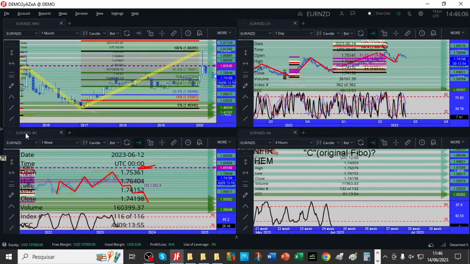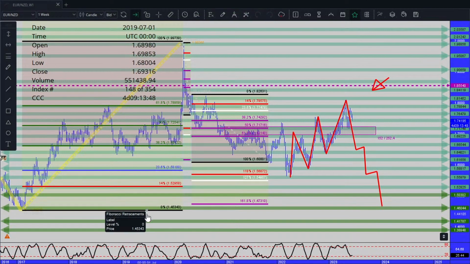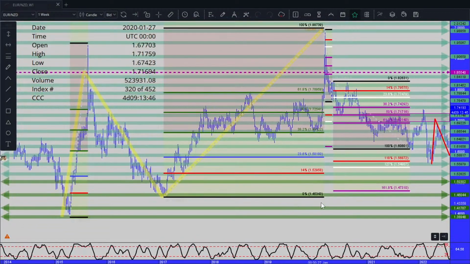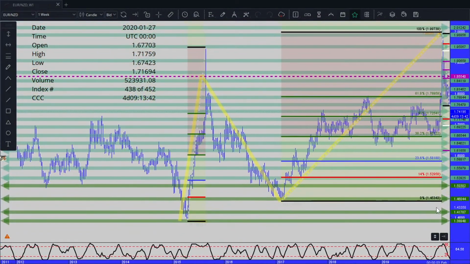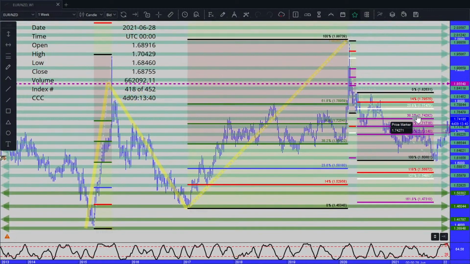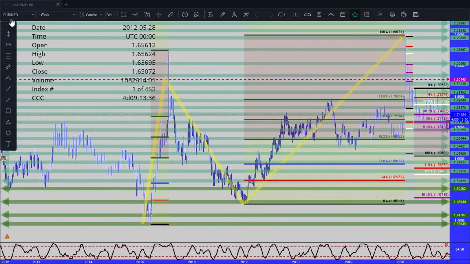And on the weekly chart, the market was up. And again, you don't see the future.